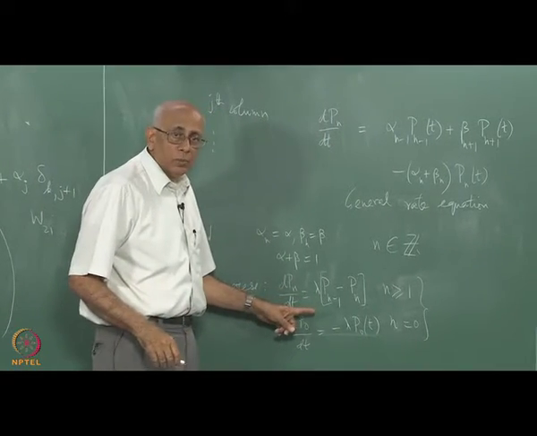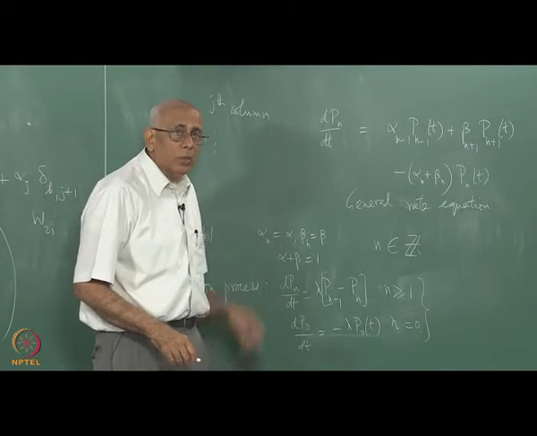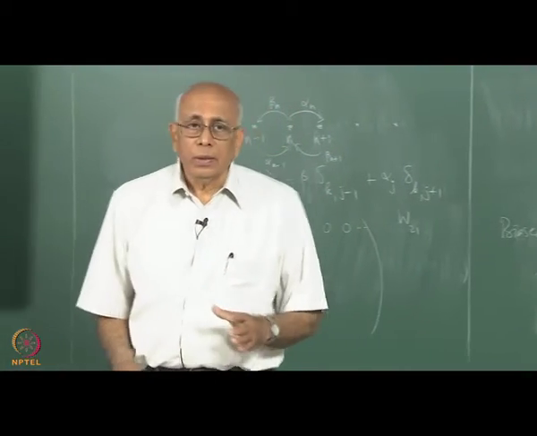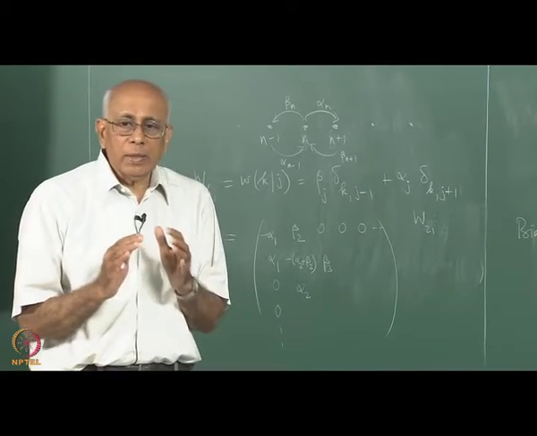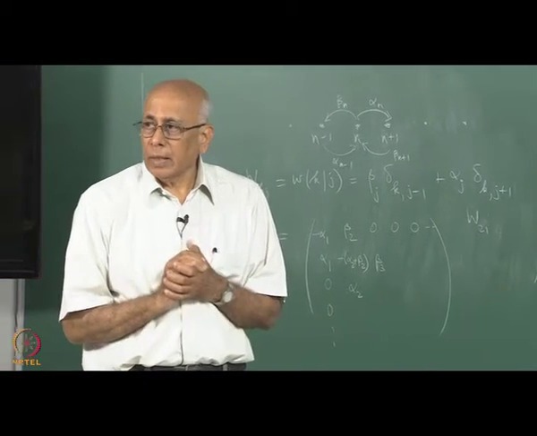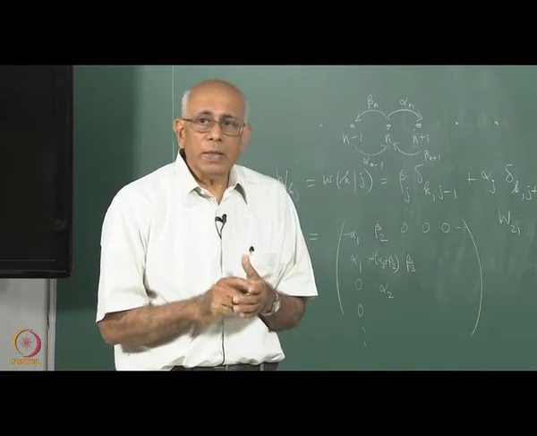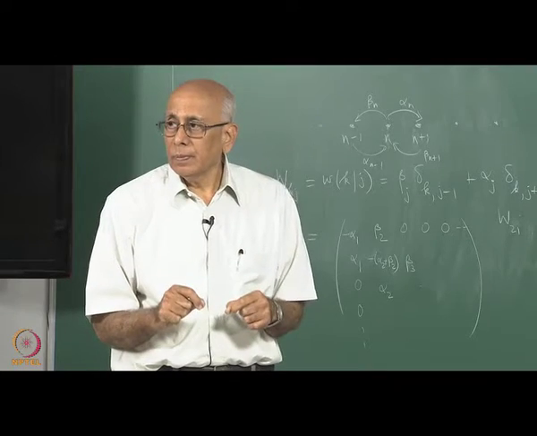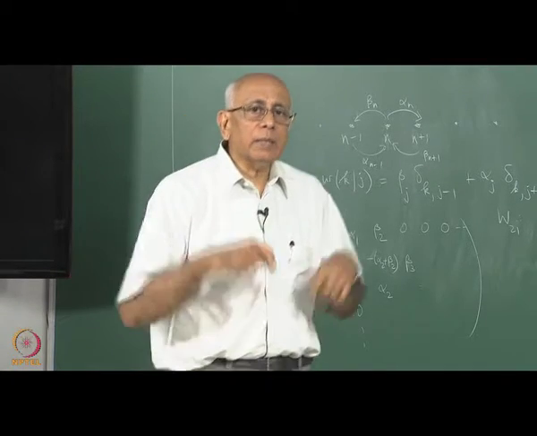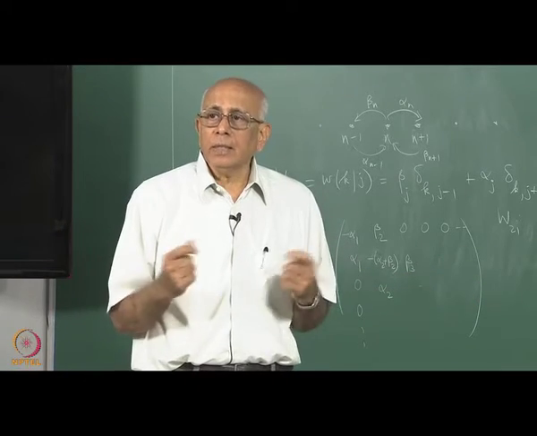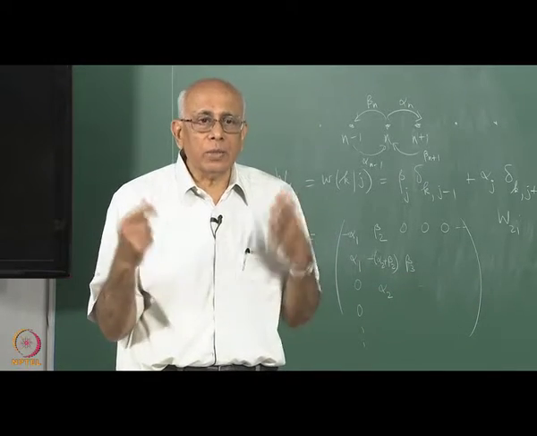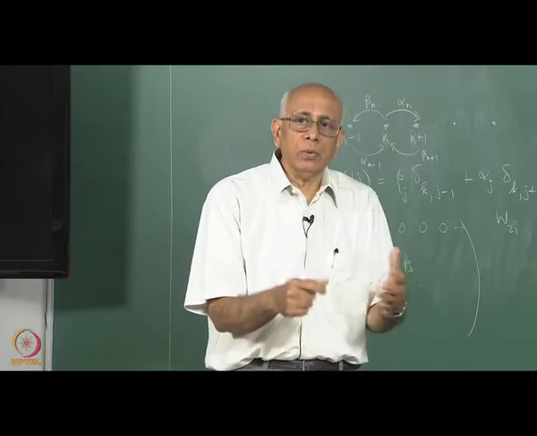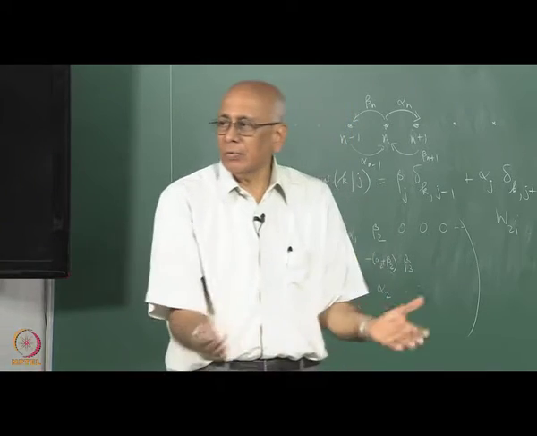This equation is still true, because all you are saying in this entire birth and death business is that in a sufficiently small time interval delta t, either there is a transition to the left or to the right, or no transition at all. It does not say there cannot be transitions to further states. It just says those are of order delta t squared and so on, whereas the transition to the nearest neighbors is proportional to delta t itself, and then we got that differential equation.